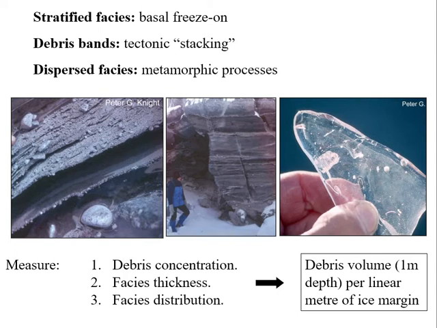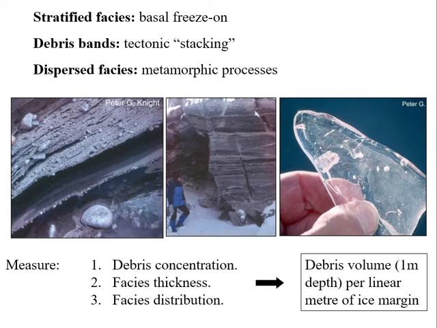So what we would do in this situation is measure the debris concentration within each of the facies. So per cubic meter of ice, how many cubic meters of debris would you expect to find, for example. We then measure the thickness of each of the facies, so we know what the basal ice layer is actually composed of in terms of how much stratified, how much dispersed, how much thickness of debris bands, etc. And then we'd explore the ice margin, mapping the distribution of the different facies and the different facies sequences.